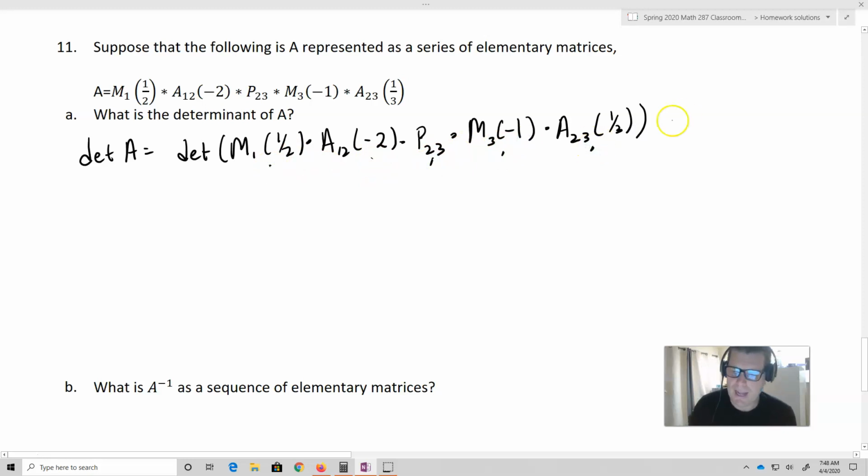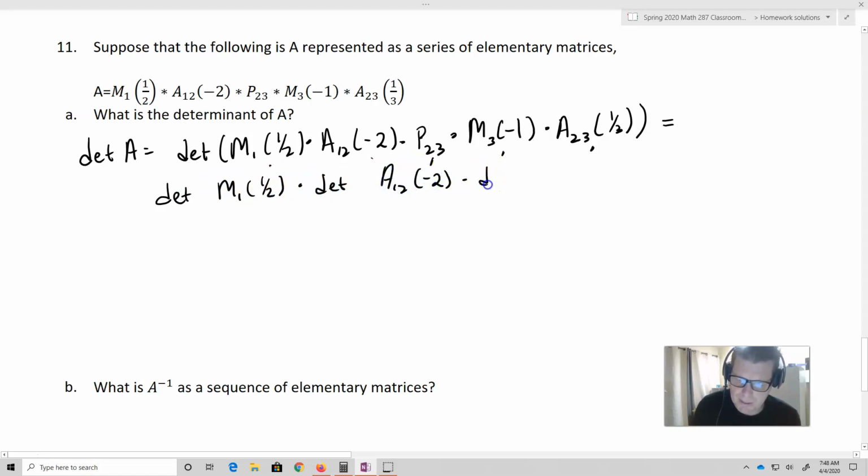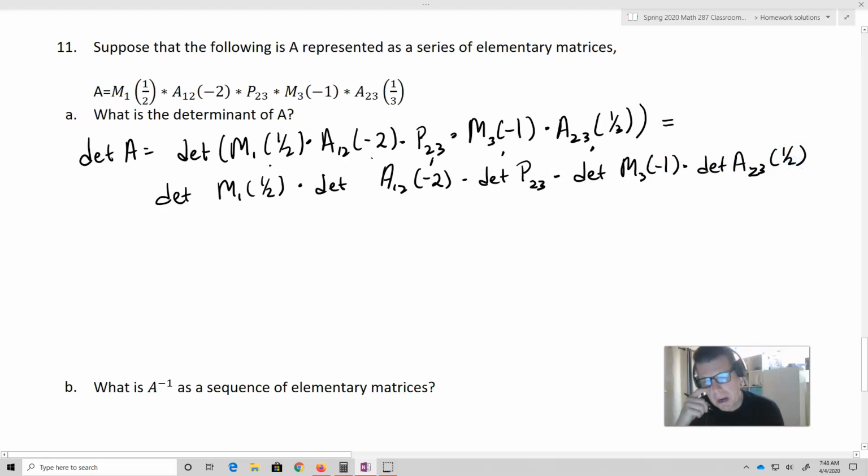And this is going to equal just the determinant of M1 1/2 times the determinant of A12 negative 2 times the determinant of P23 times the determinant of M3 negative 1 times the determinant of A23 1/3. And you can do that because that's just how determinants work, right? It's one of those things that we proved.